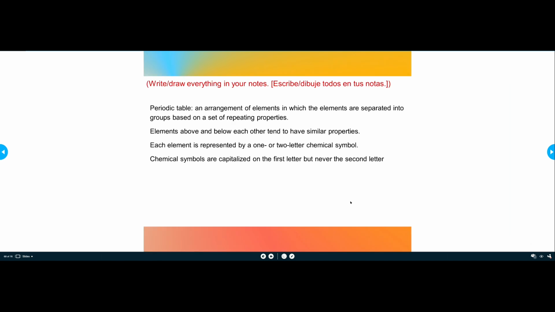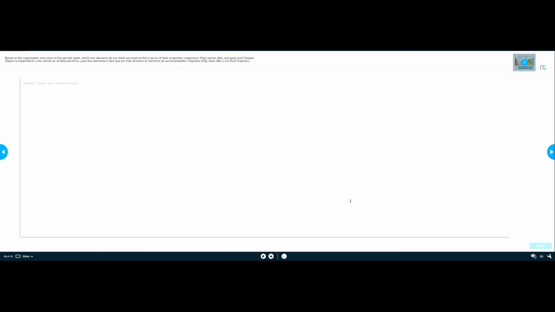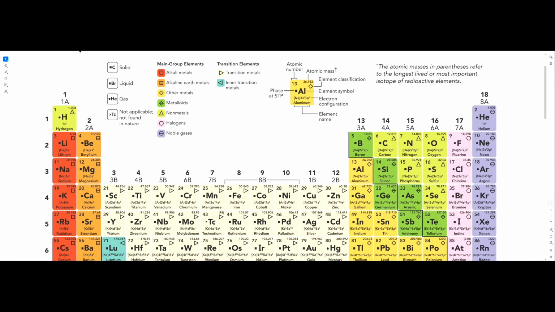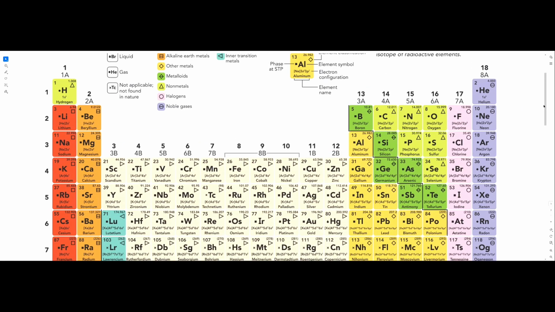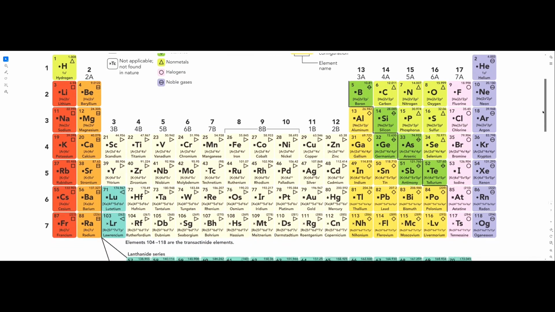In the notes we just read about, in the second line, we learned that elements above and below each other tend to have similar properties. On our periodic table, you can see that the colors show columns, or vertical or up and down, however you want to think of it, elements that are similar to each other.